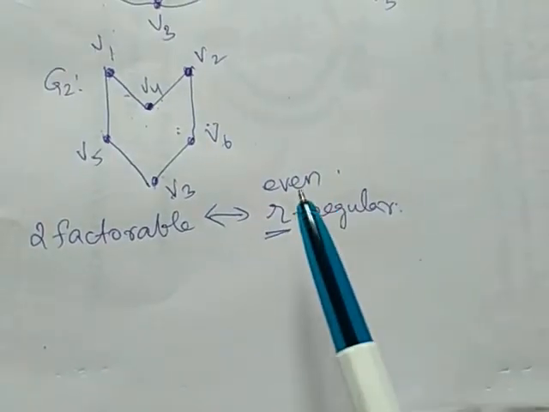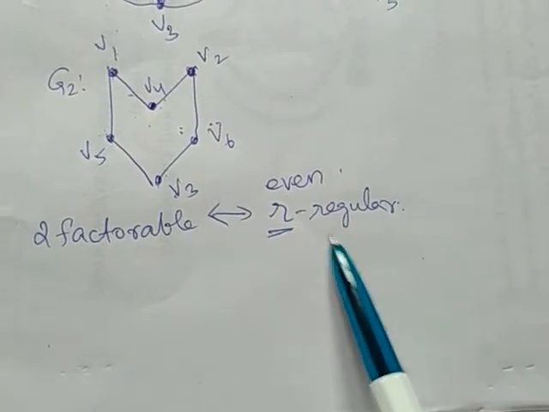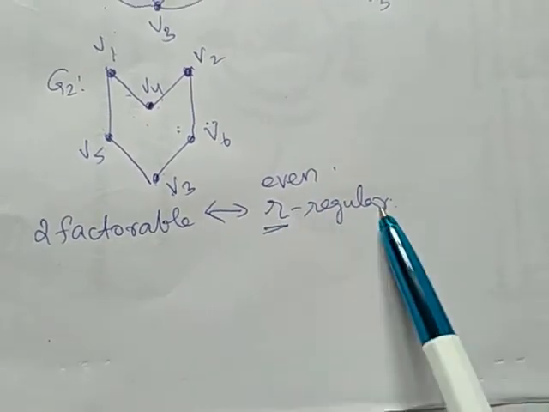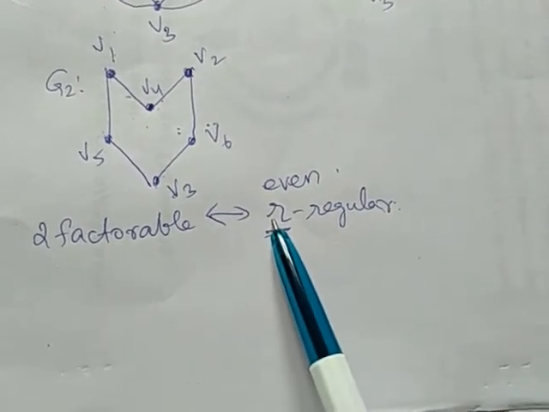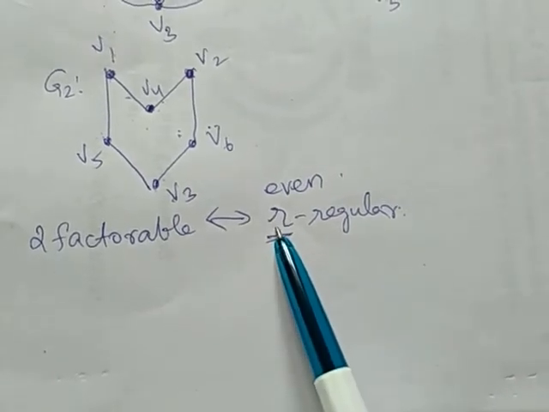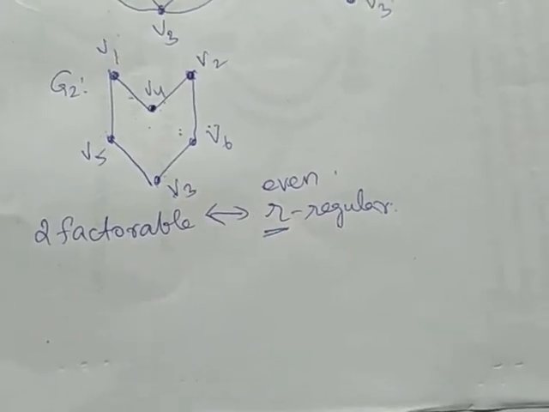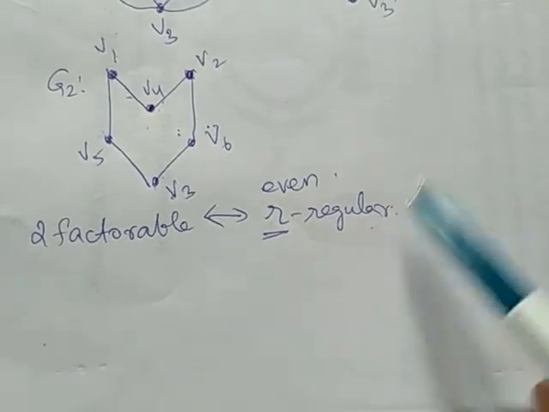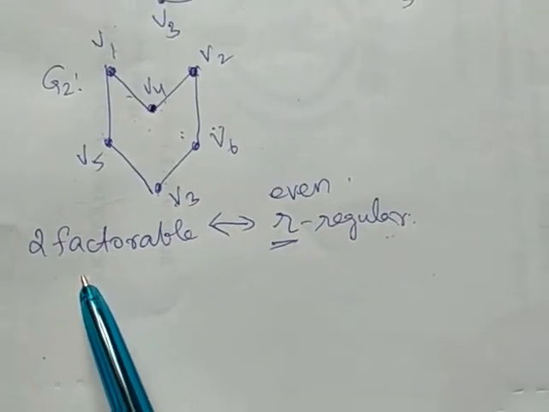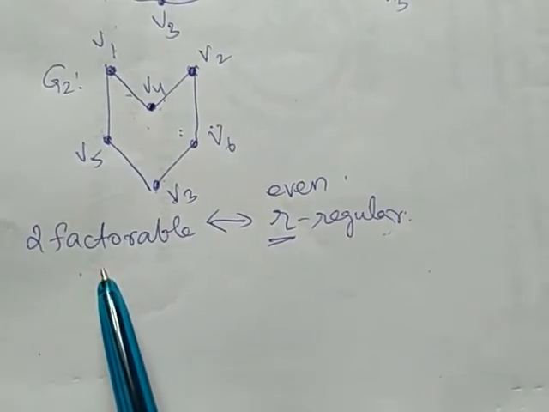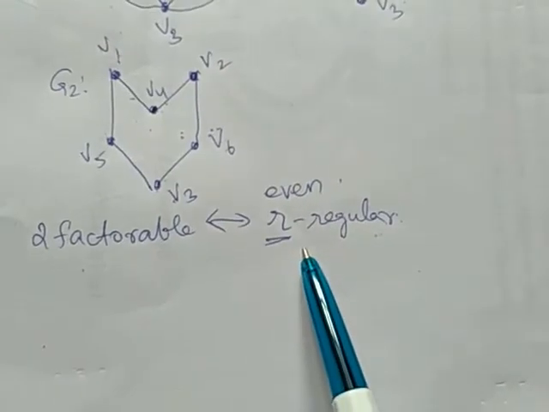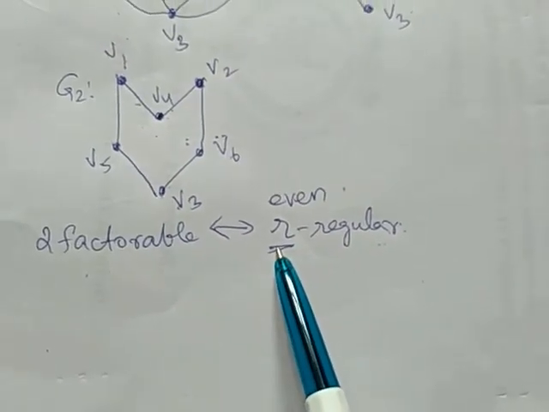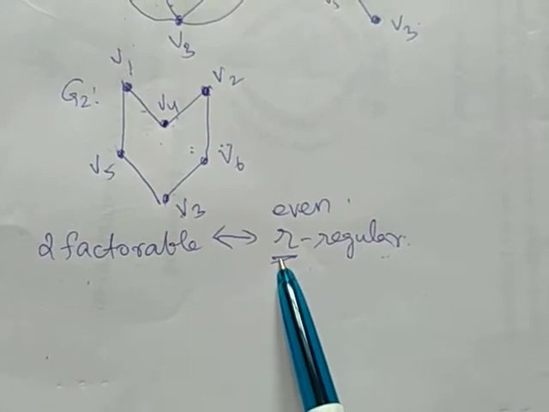Whenever we have an even regular graph, R regular where R is any even integer, then we will get a 2 factor. If the graph is 2 factorable, then it should be R regular such that R is even. That's what we are going to prove.